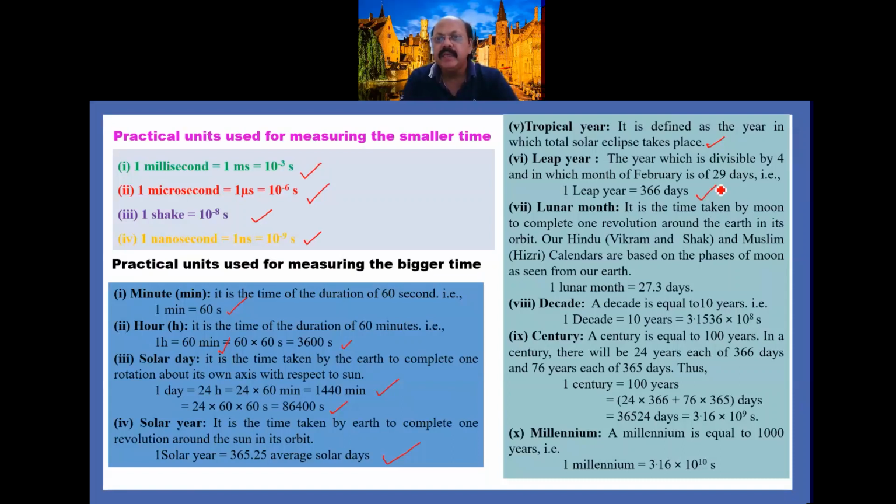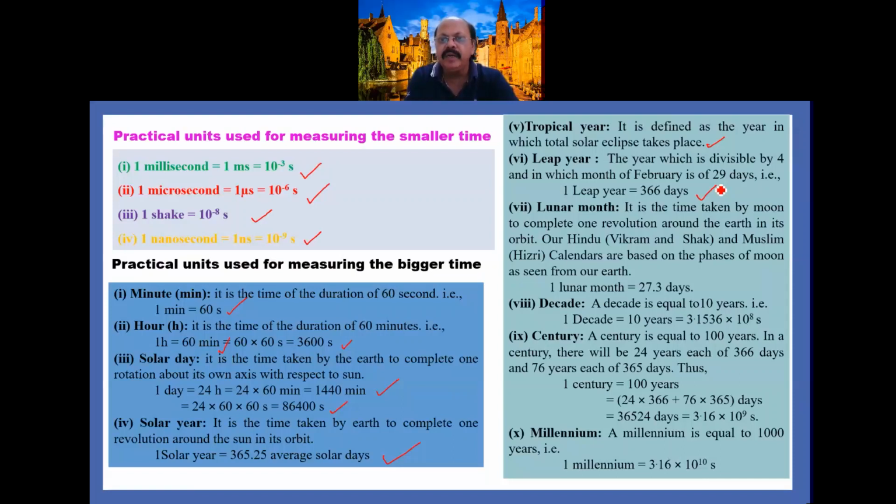Lunar month is the time taken by the moon to complete one revolution around the earth in its orbit. Our Hindu Vikram and Shak, and Muslim Hijri calendars are based on phases of the moon as seen from our earth.